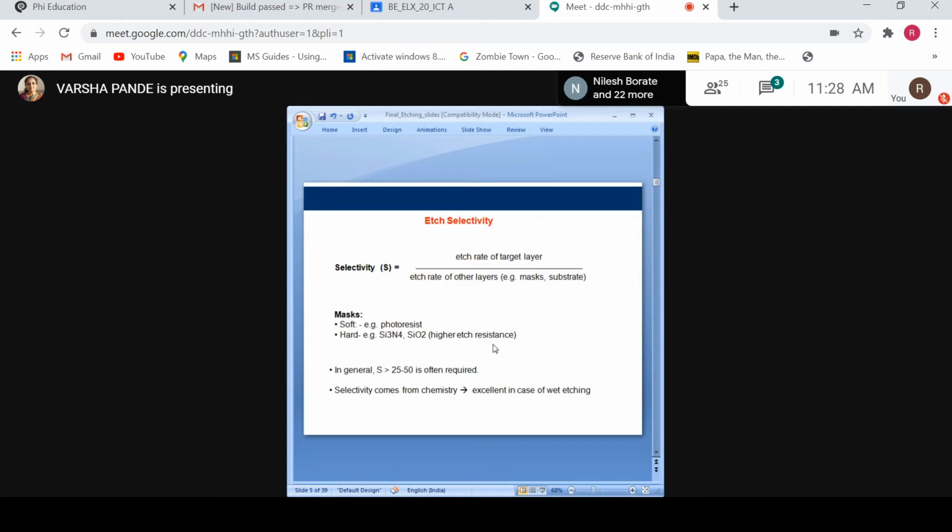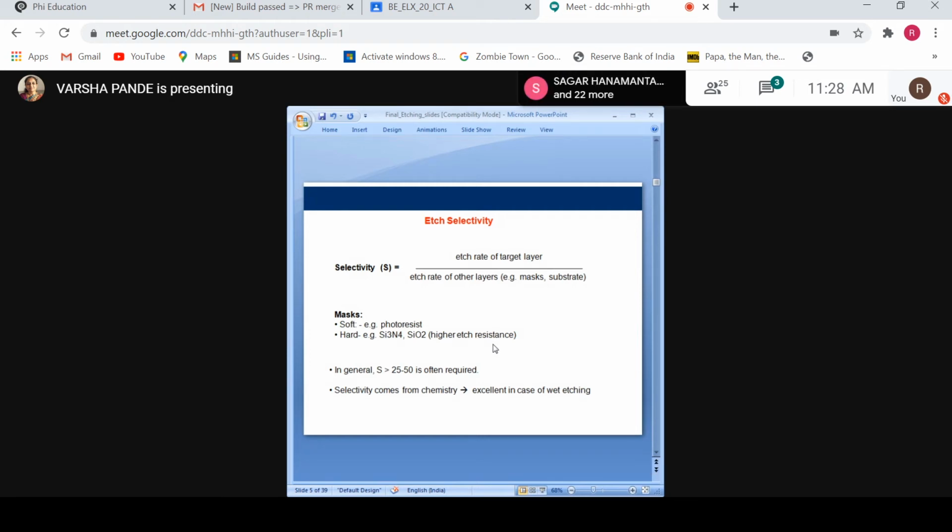Suppose in hydrofluoric acid silicon dioxide dissolves very fast, say its etch rate is 1 millimeter per minute, and the etch rate of photoresist and silicon substrate in hydrofluoric acid is 1 millimeter per hour.